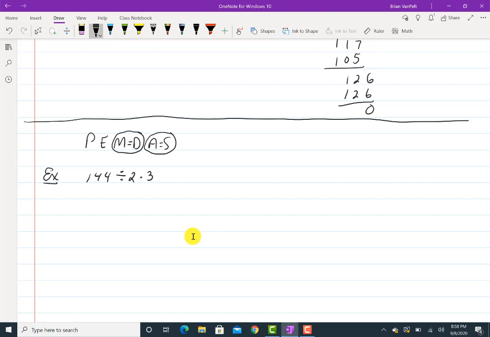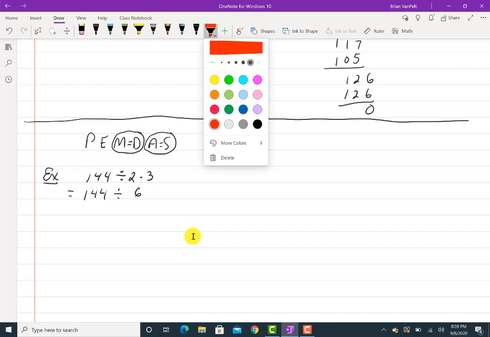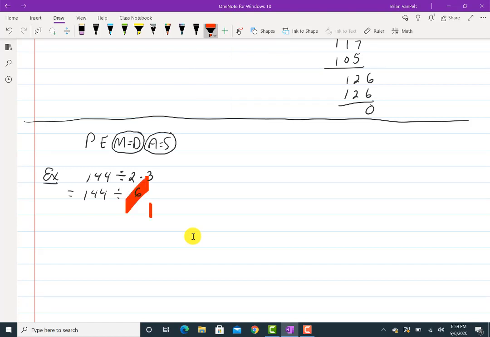So if you were to write 144 divided by 6, let me see if I got a pen big enough. That is wrong. Let me go back to my pen.